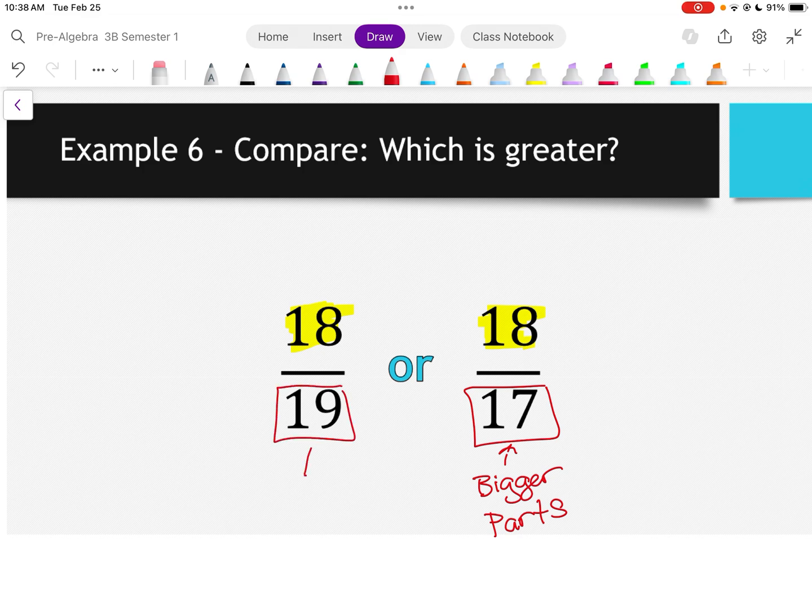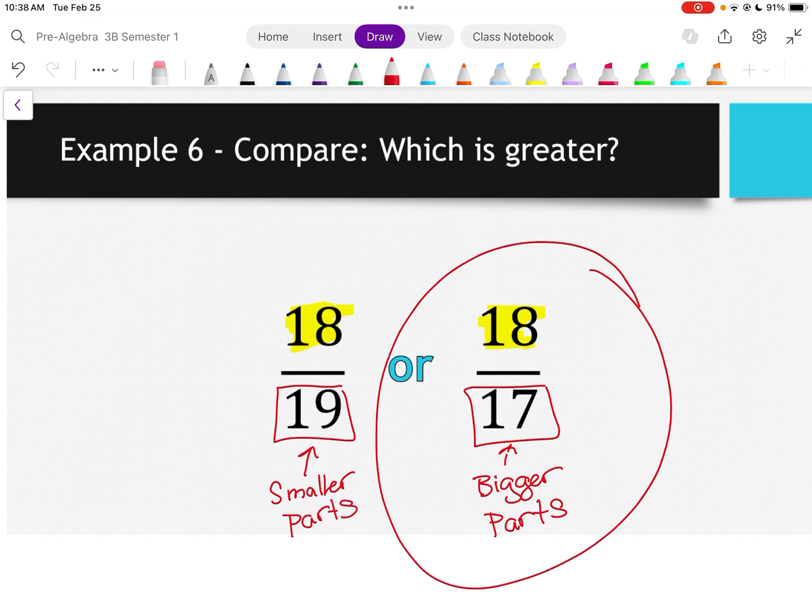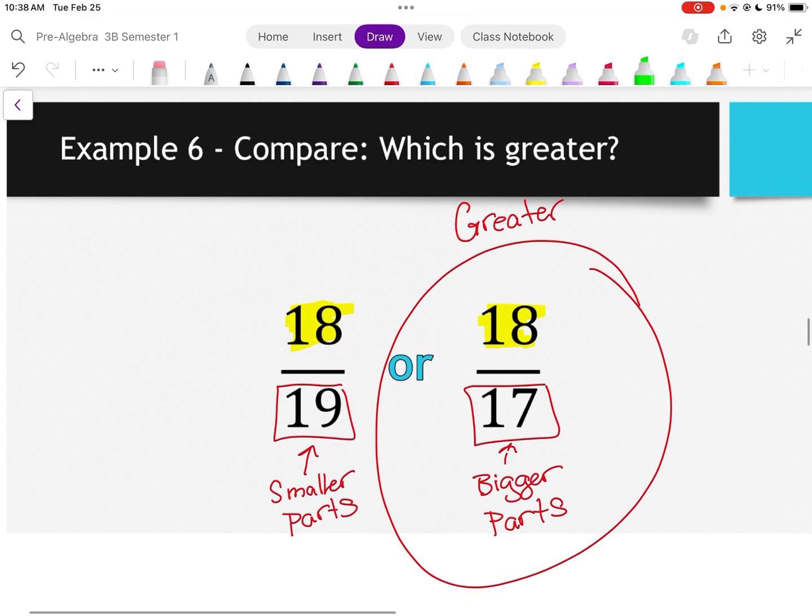And the higher the denominator is, the smaller the parts. So that tells us 18 over 17 is going to be the greater number. Another way that we could determine which one was greater, if we look, 18 is larger than 17. So that means this number is more than 1, or more than a whole.